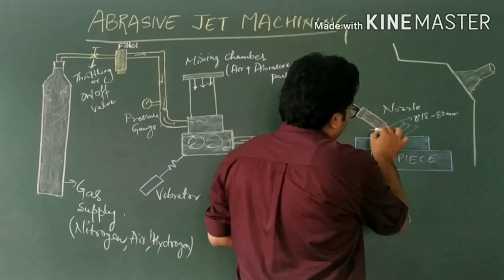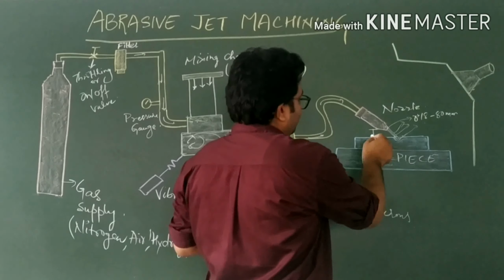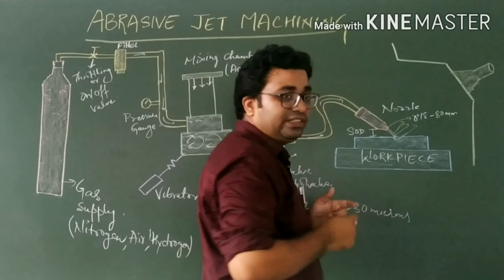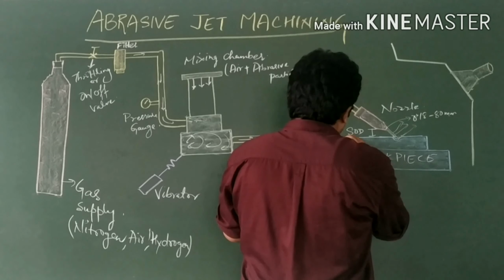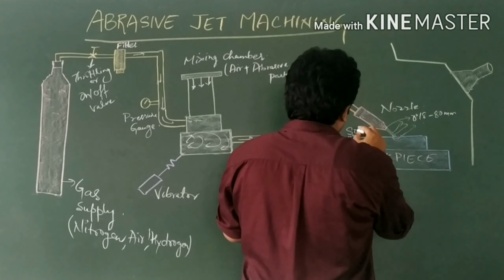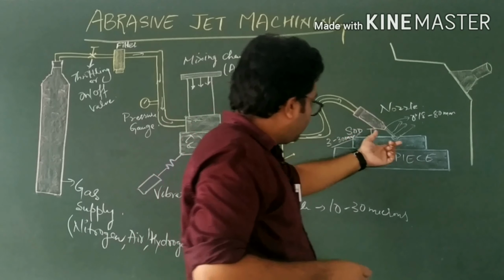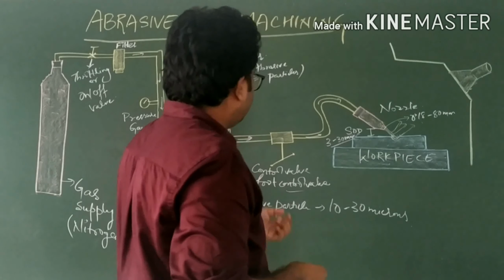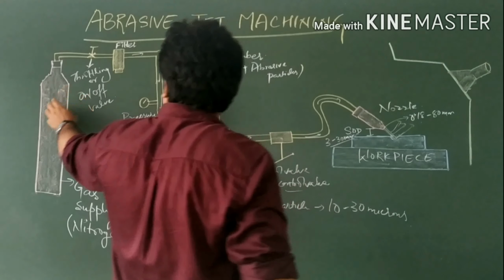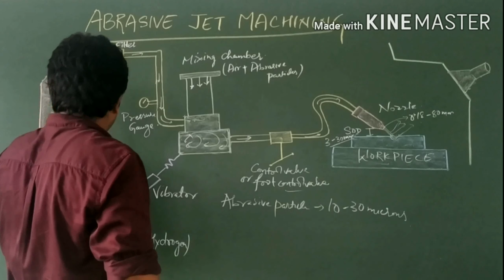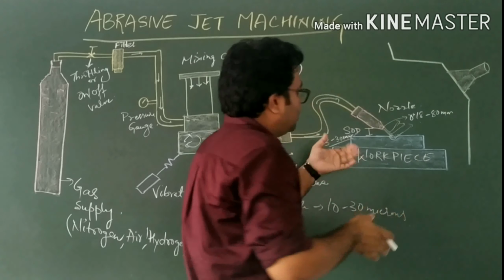The distance from the nozzle tip to the workpiece is called the stand off distance, SOD, which varies from 3 to 30 mm, depending upon the type of workpiece you use for machining. When all these operations are completed, from the gas to the final workpiece, we get the final desired output as required of the workpiece.